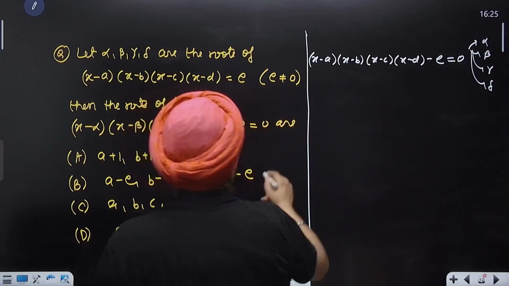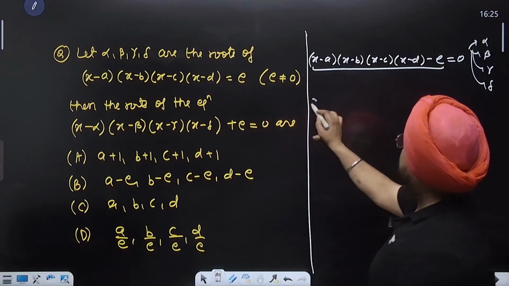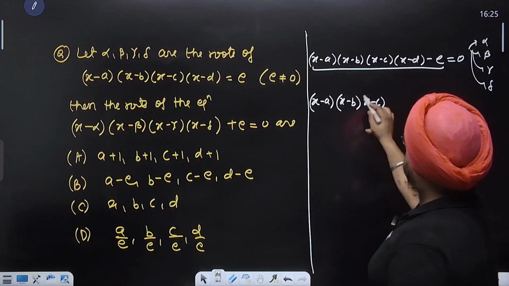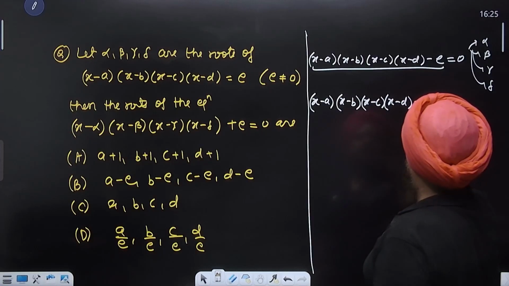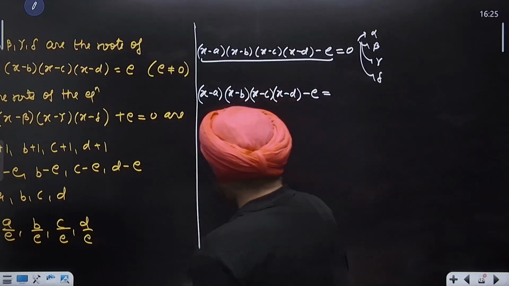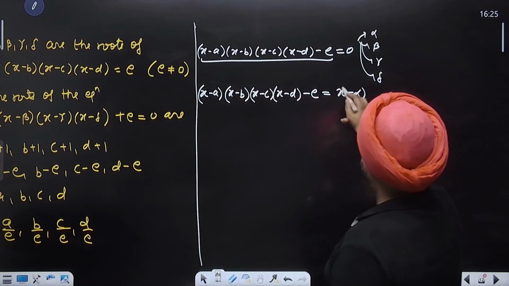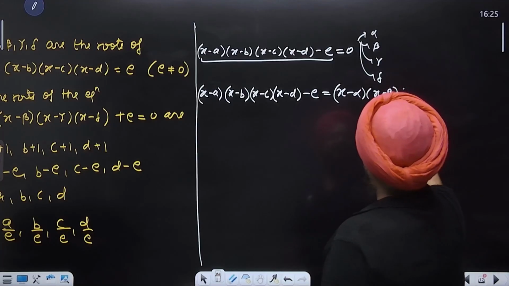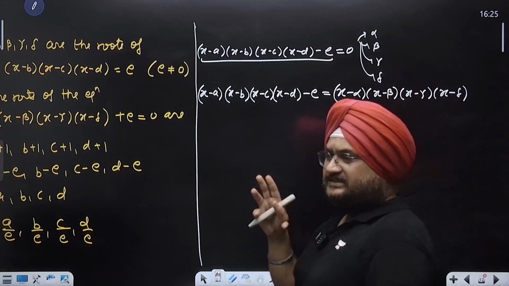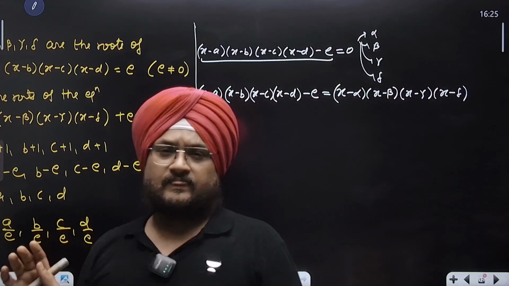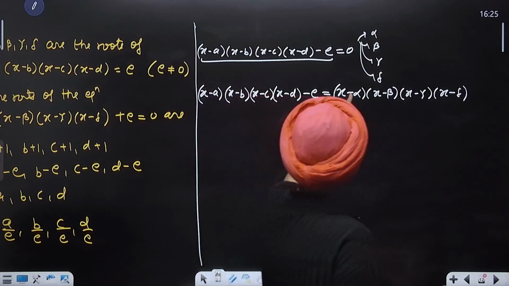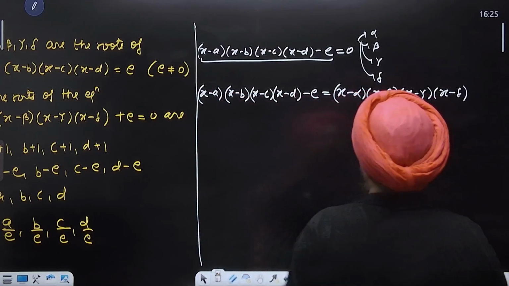So this whole expression can be written as x minus alpha, x minus beta, x minus gamma, x minus delta. In the next line you will get the answer. How? Leading coefficient 1, so coefficient of x to the power 4 is 1.